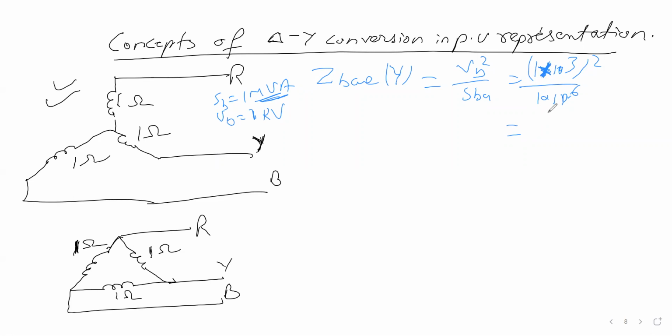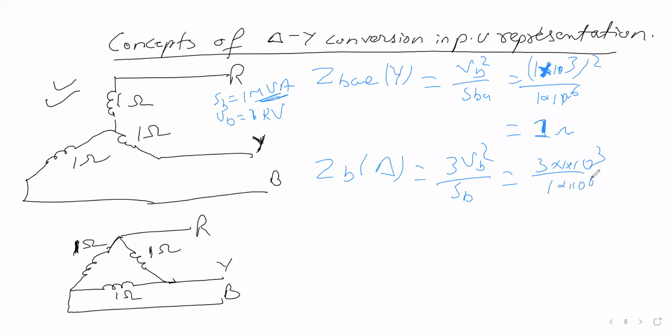It will be 1 ohm. And for Z base for delta, it will be 3 V base square by S base. So if we solve it, it will be 3 into 10 to power 3 by 1 into 10 to power 6. So it will be 3. This is what we have got.